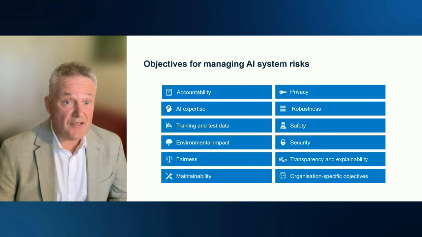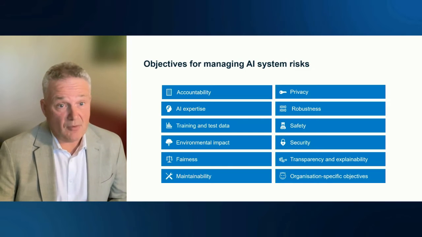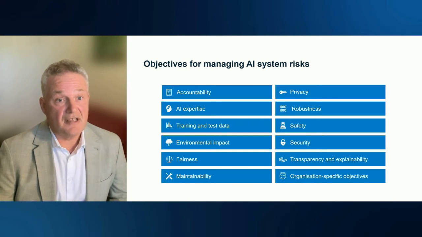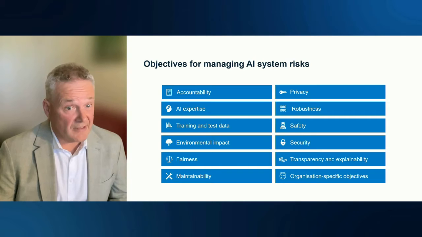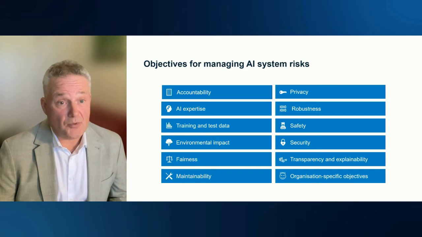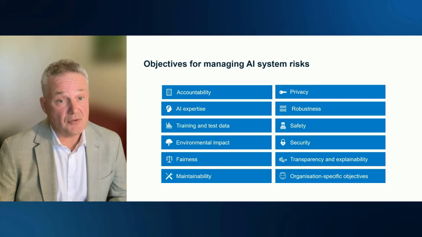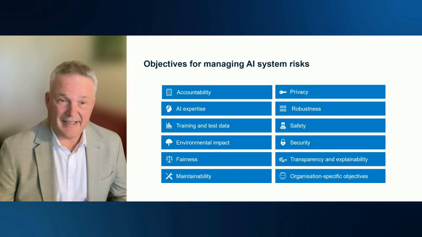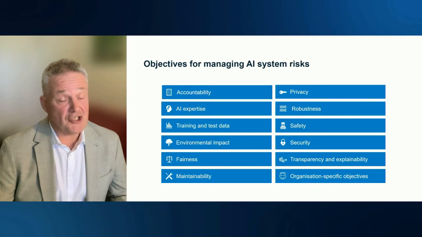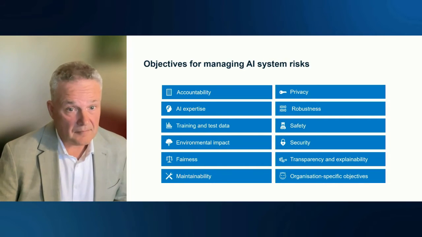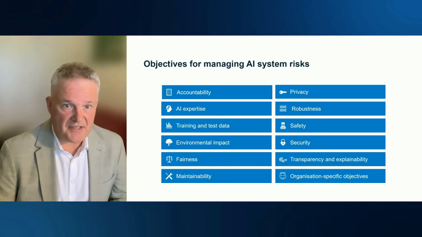It covers those objectives that we have mentioned before for managing AI system risks. And importantly, it helps you identify some sources of risk when it comes to identifying them, managing them, and treating them. We'll look at the source of risks on the next slide.